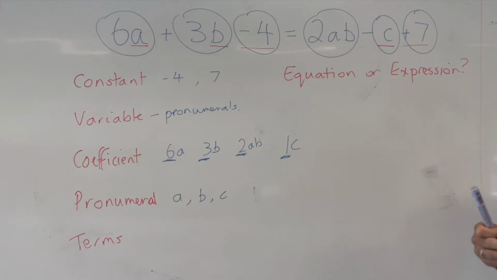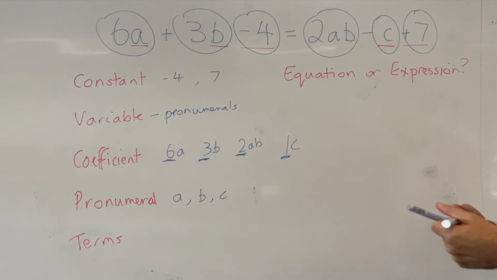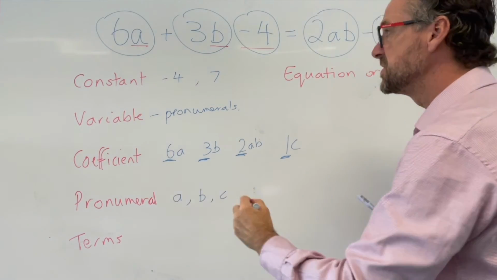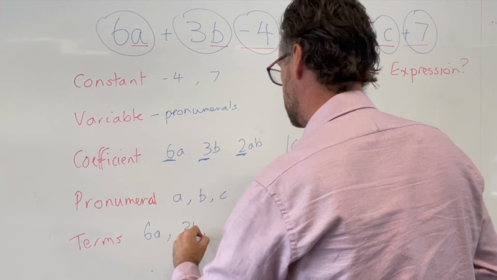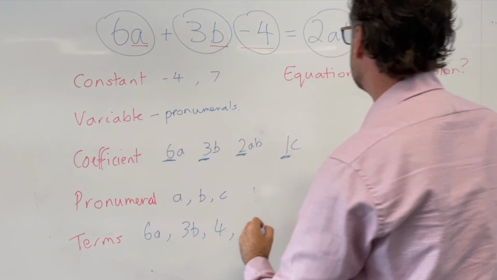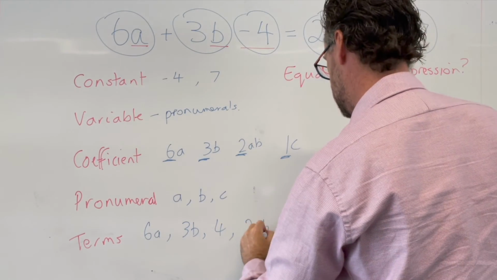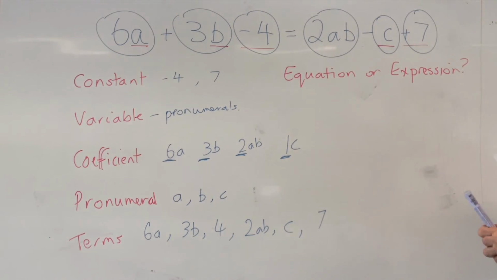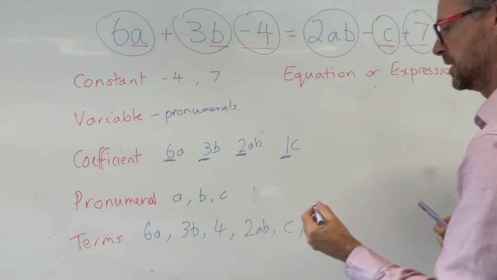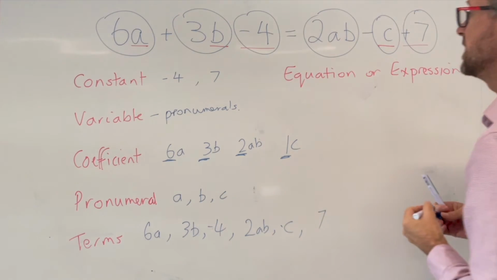So in this equation, there are 6 terms, okay? If we're listing those, it'll be 6a, 3b, -4, 2ab, c, and 7 as our terms. We put that negative there, okay?